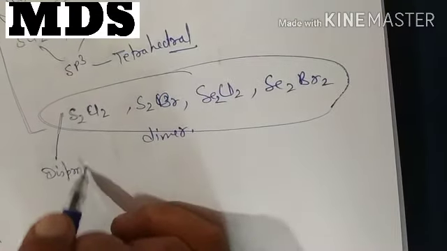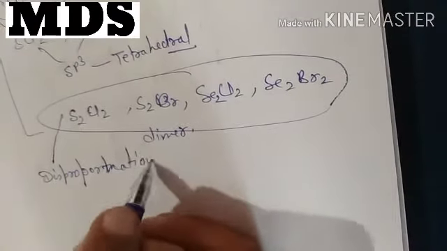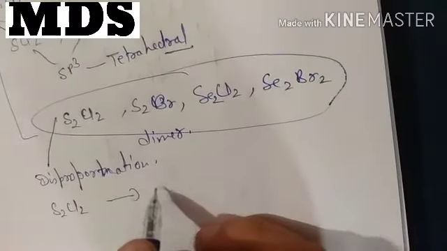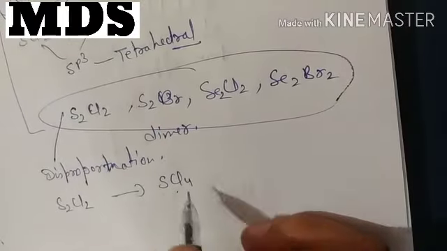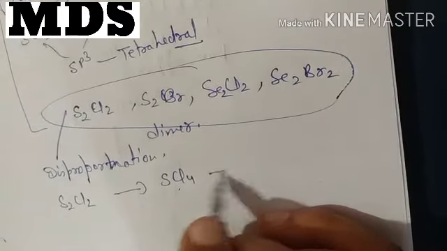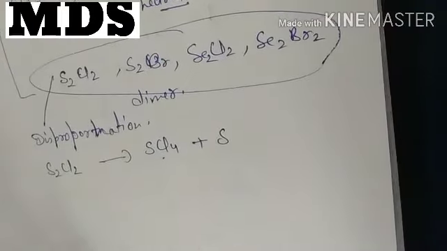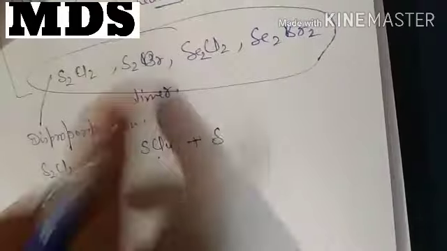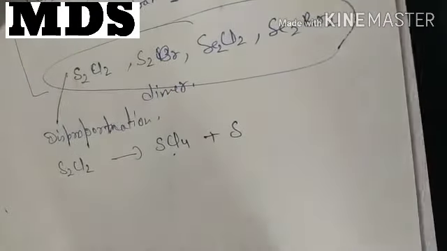This is a good property they can exhibit, like S2Cl2 getting converted into SCl4, releasing sulfur. So that's how all the monohalides, which exist as dimers, can show disproportionation reactions.